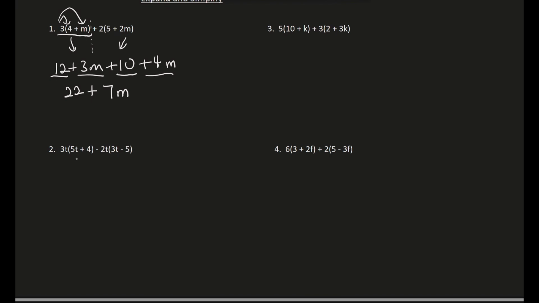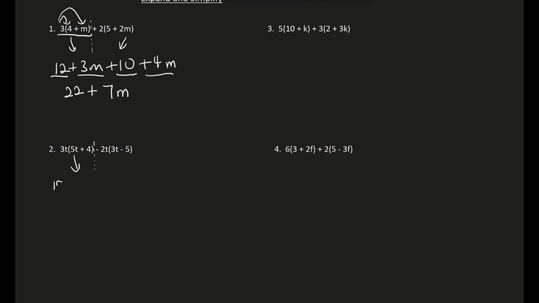Expand. You can draw a line through it to make it easier for you, or you can just leave it. So we have 3 times 5, which gives us 15. t times t, that is t squared. Then we have 3 times 4, which gives us 12. And then don't forget we have our t, so that's 3t times 4, that gives us 12t.